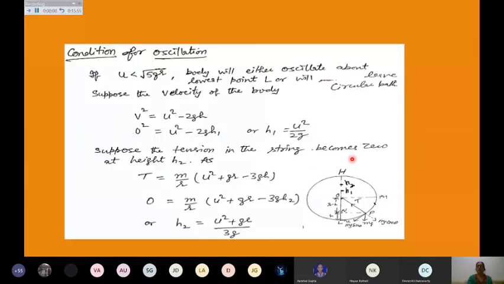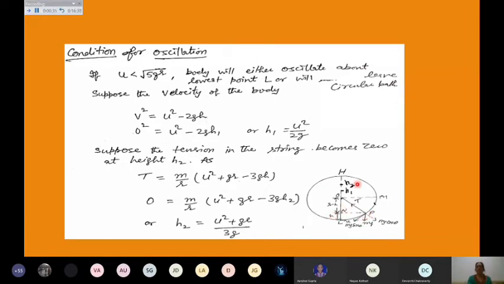Now, as I have said, if the velocity is less than root of 5gr, then the body will either oscillate about the lowest point or it will leave the circular path. Where it will go, whether it will leave or oscillate, we also need to find, as the condition of oscillation, if it is not leaving the circle, how it is going to oscillate.